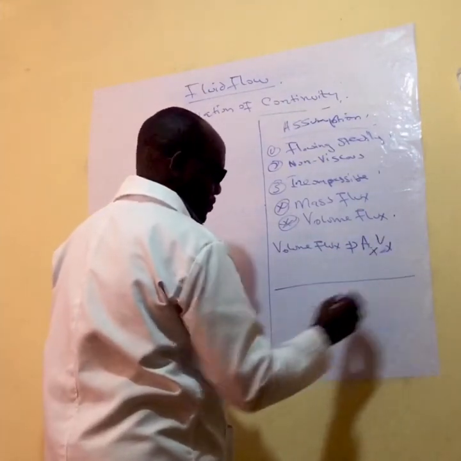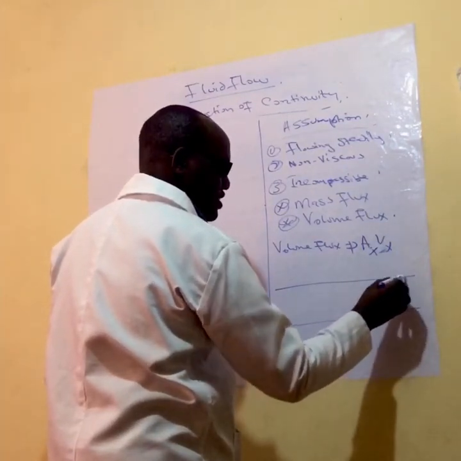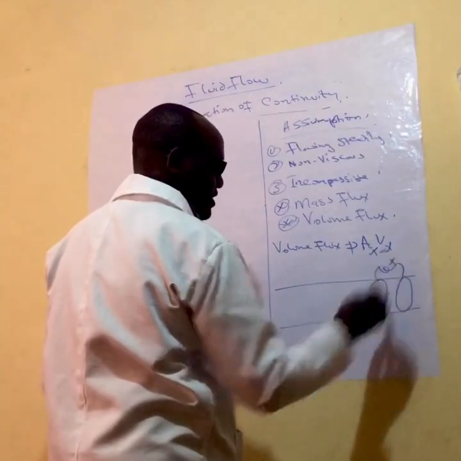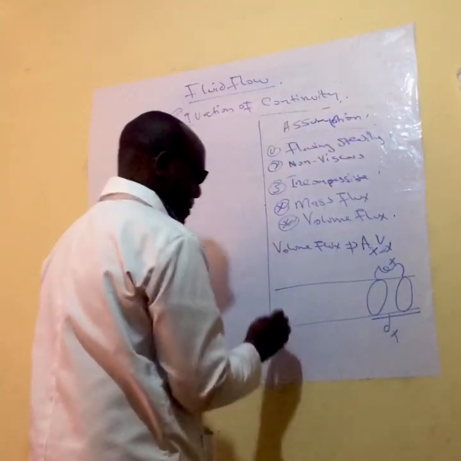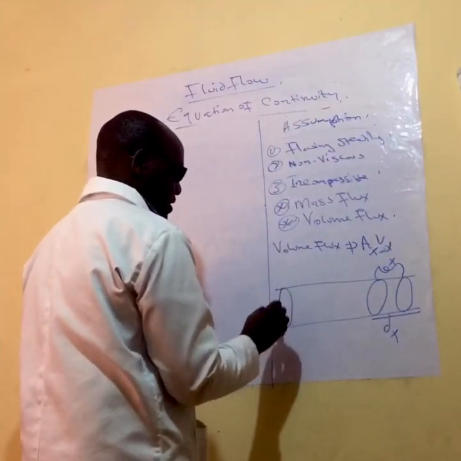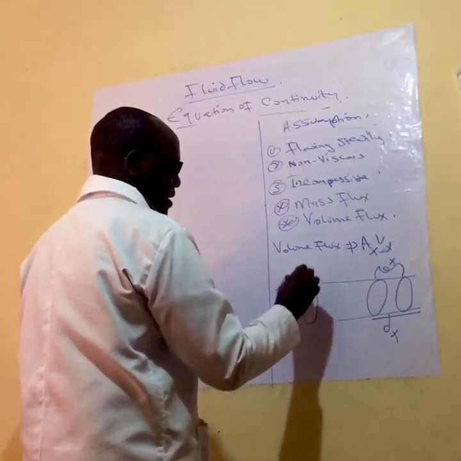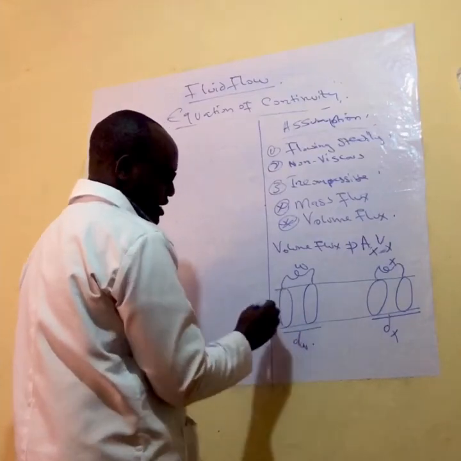We draw our pipe. Then this region, we are taking this to be region X, and the distance between the two was dx. Then here we were taking this to be region W, and the distance between that was dw.